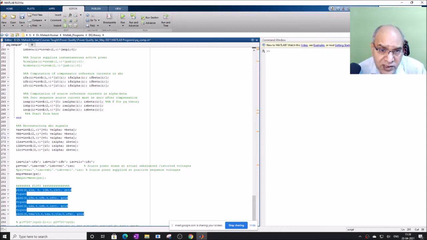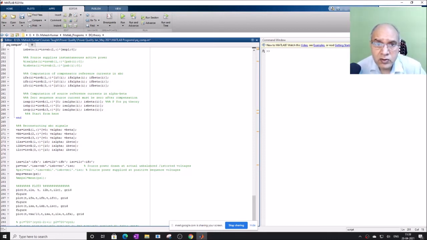I have not put the inverter dynamics here. There is another program that I can show you later, but first try to understand how this scheme, the algorithm, works. Then we can also add the inverter dynamics over this. By inverter dynamics we mean the switching device dynamics, the actual components, actual currents.